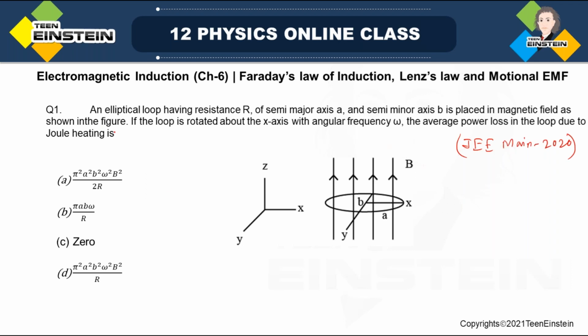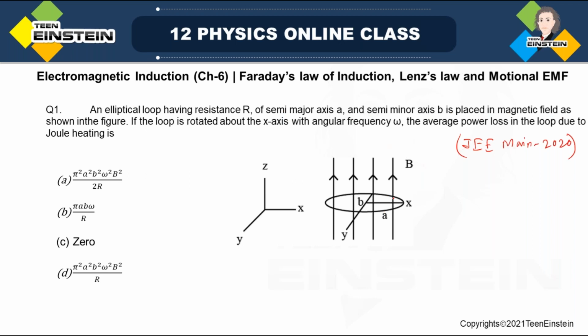So let us read the question and then try to solve it. An elliptical loop having resistance R. You can see that this is an elliptical loop which has semi-major axis A, semi-minor axis B, and it has resistance R, placed in the magnetic field as shown in the figure.